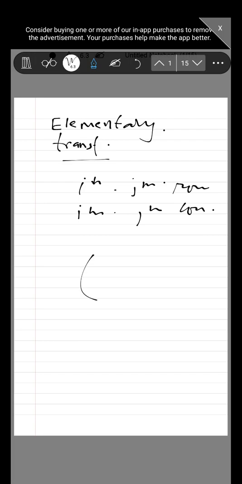Say there is a matrix 1, 2, 3, A, B, C, I, J, K, and say we replace these two.